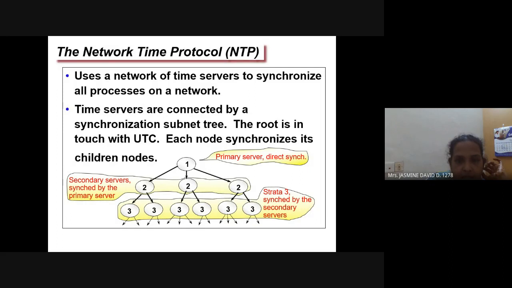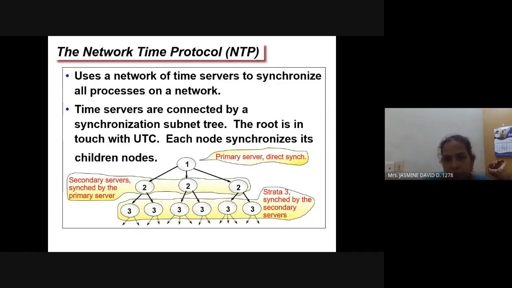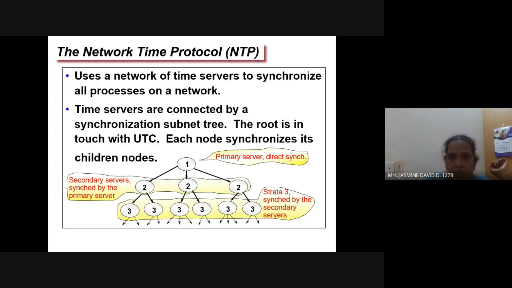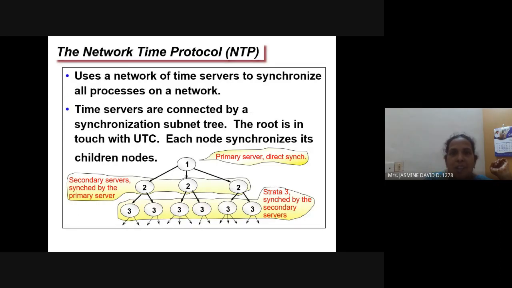Prince? Present, ma'am. Hema? Present, ma'am. Pallavi? Her device got stuck, it seems, ma'am. 47 present, ma'am. Okay, all present today.